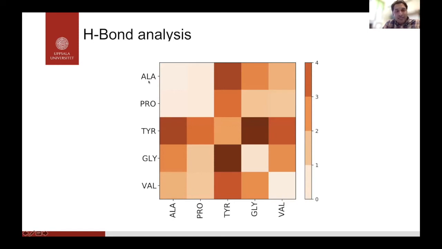With the residue H bond map, you can again see that the tyrosine forms most of the H bonds with different residues of the other peptide molecules. So overall, this hydrophobic nature of these different amino acid residues, mostly the tyrosine here, actually drives the aggregation behavior, or aggregation pattern, for these peptides which we made up here.